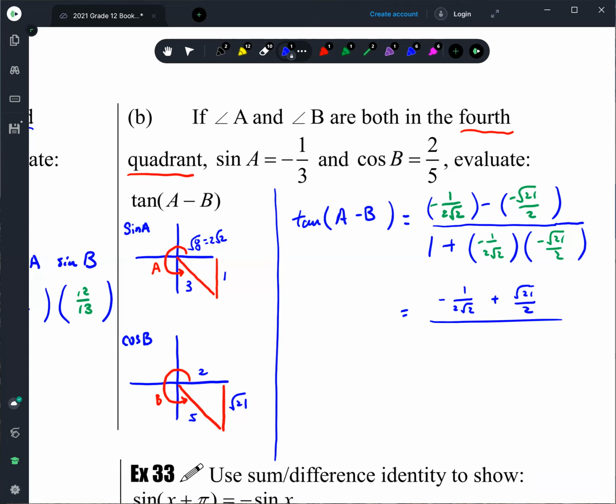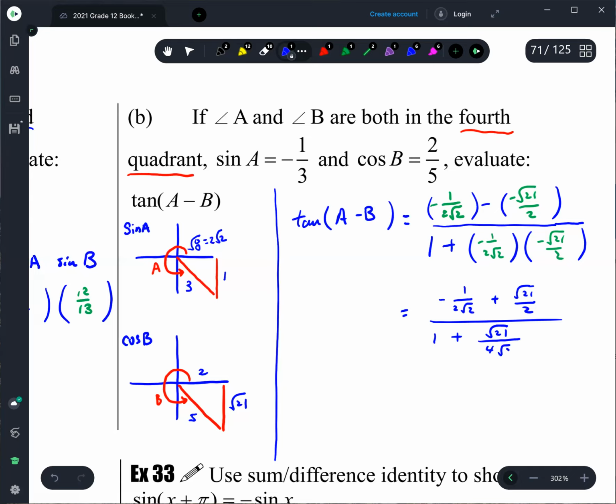The denominator, we will just multiply those two fractions together, right? So 1 plus product. Negative times negative will give you positive. Numerator times numerator, so that's square root 21 over 4 root 2, when you multiply outside number times outside number, so 2 times 2 on the outside.